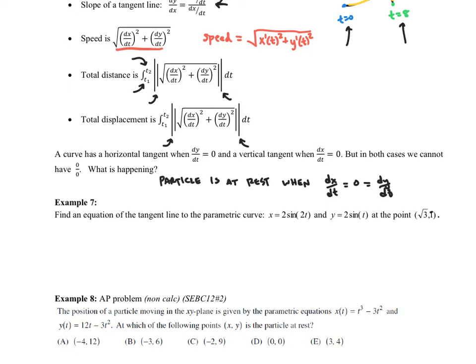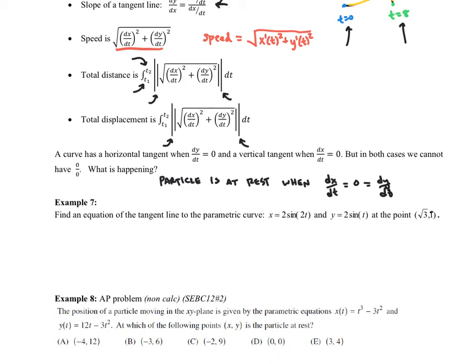If it's not changing in the x or in the y direction, then we know that the particle is at rest. Now it could come to rest and then again begin movement in the same direction that it was. It could come to rest and come back toward the origin. We don't know. That would be based on the specifics of the parametric equation.